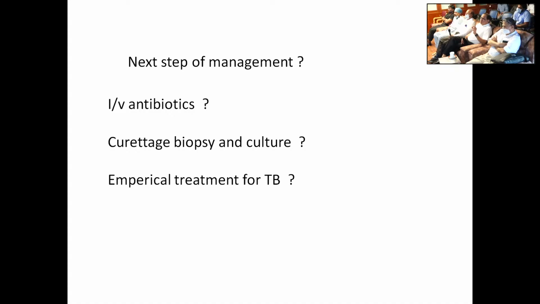Pus fluid sometimes may not isolate TB or any chronic infection, especially in the rural population. Tuberculosis can occur at an unusual site, so you must send tissue from deep inside for microscopy, histology as well as TB culture.